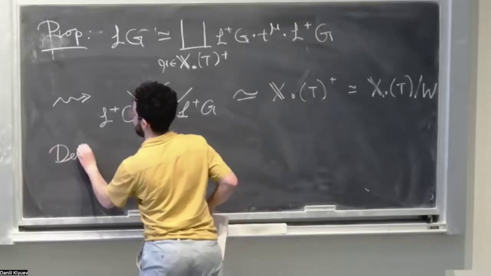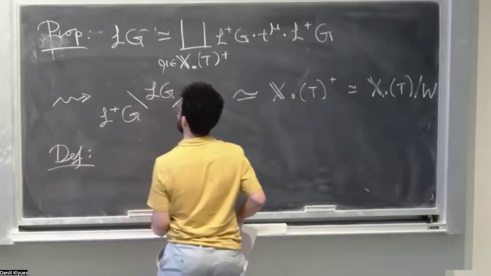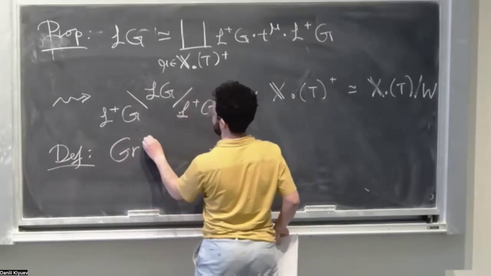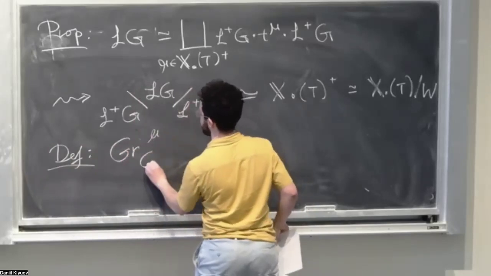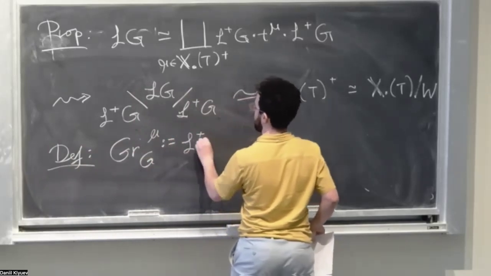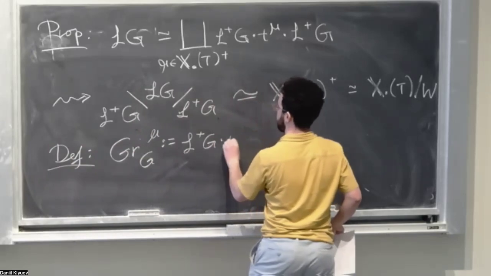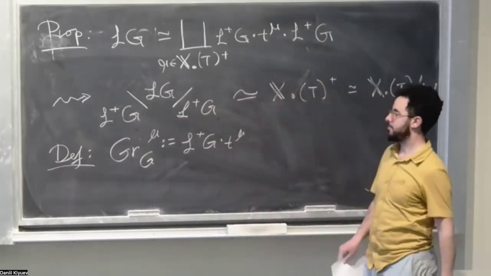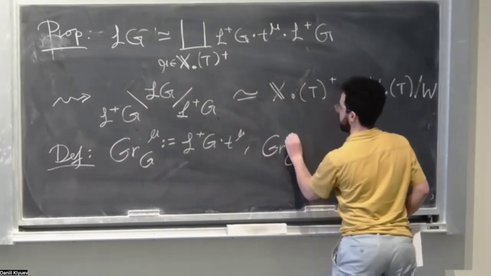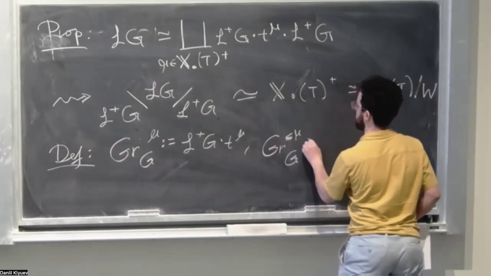So, definition. This is the definition of a Schubert cell. This is defined as the L plus G orbit of t to the mu, and G less or equal than mu.